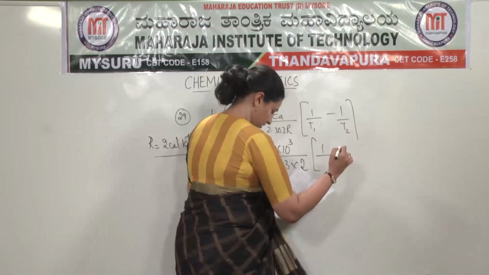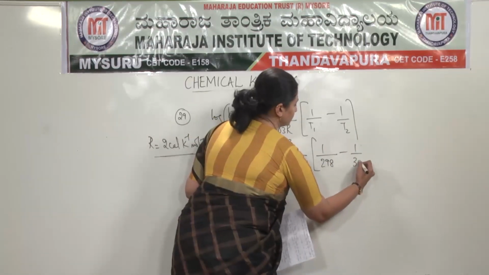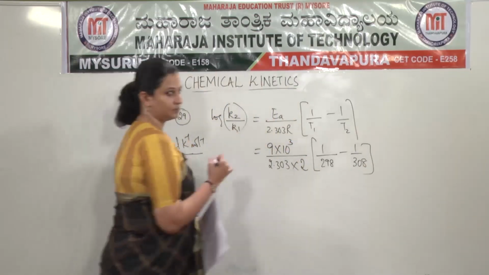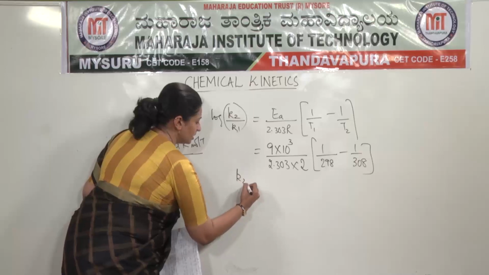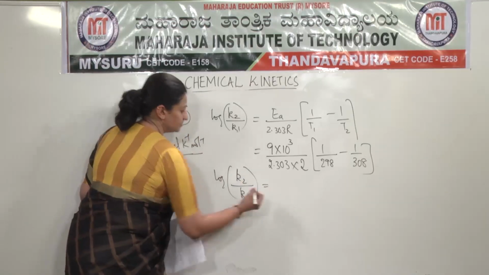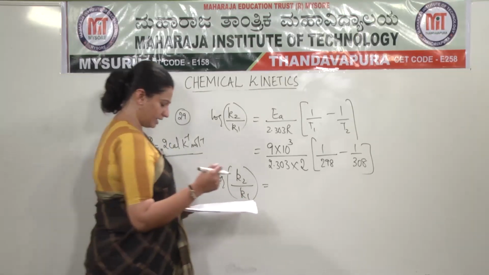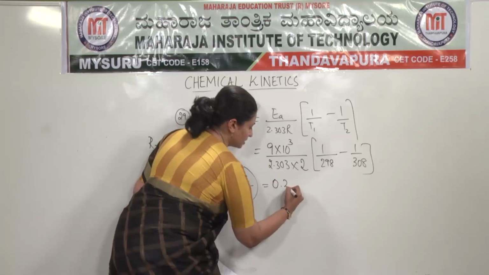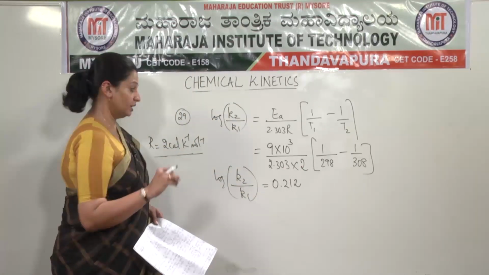Into 1 by, the temperatures mentioned are 298 and 308. Here you will actually be getting log of K2 by K1. So log of K2 by K1 will be given to you, and this calculation comes out to be 0.212.